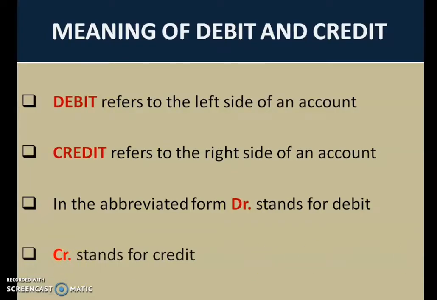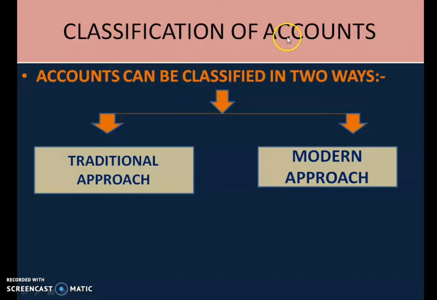Okay. Now classification of accounts. Accounts we are going to classify in two ways, that is on the basis of traditional approach and on the basis of modern approach. Today we will discuss the modern approach of classification of accounts.